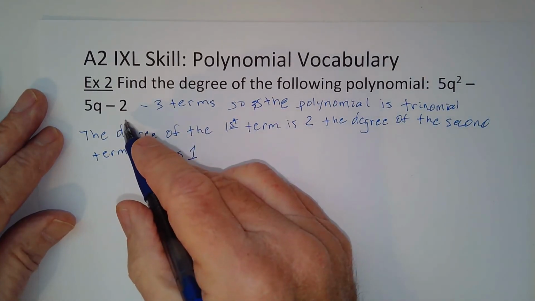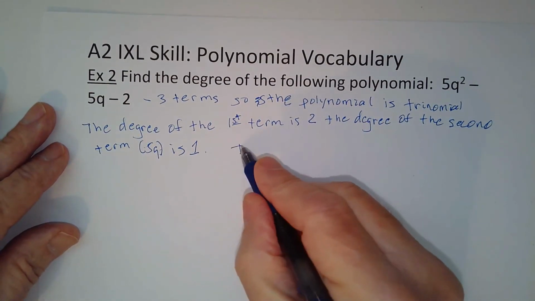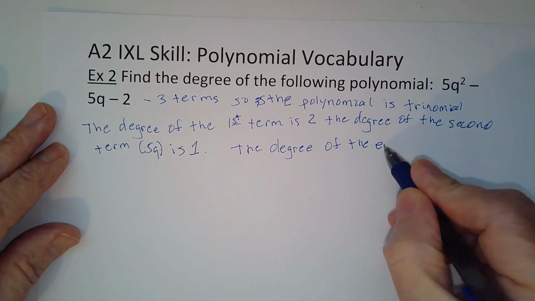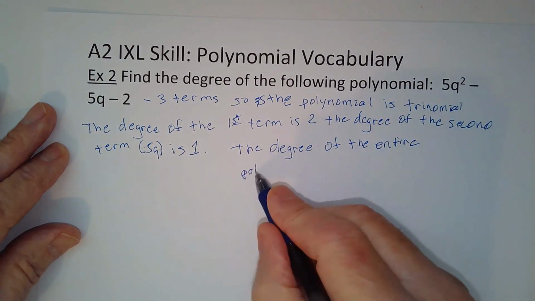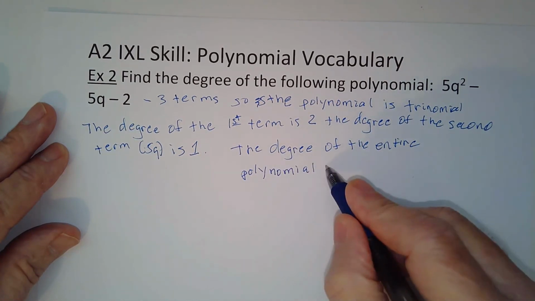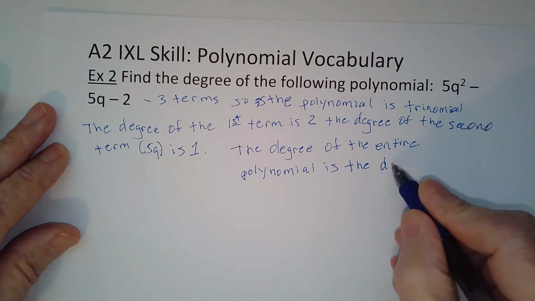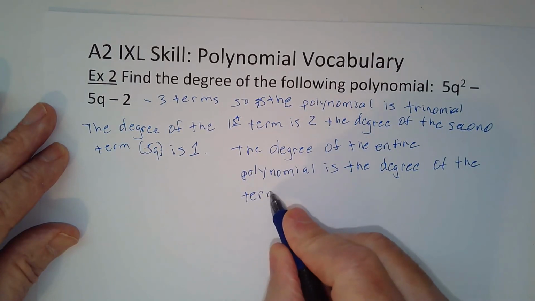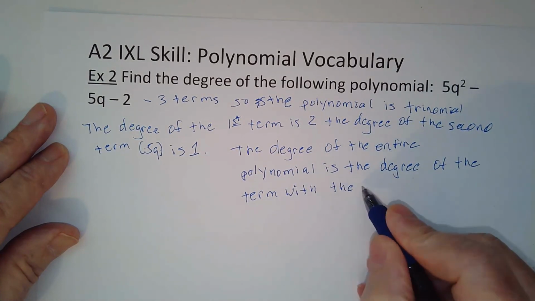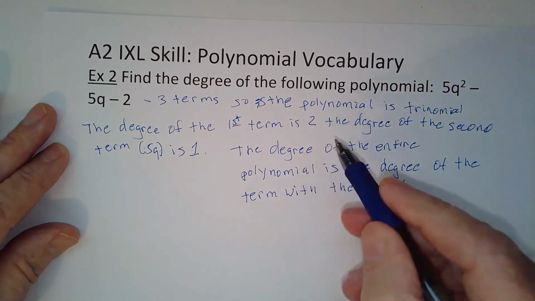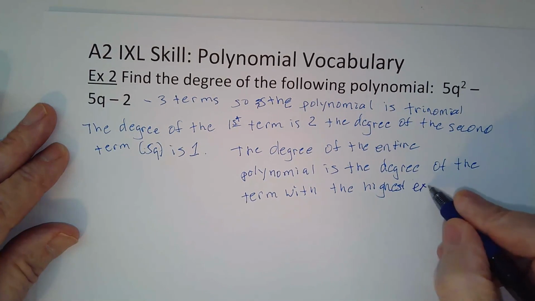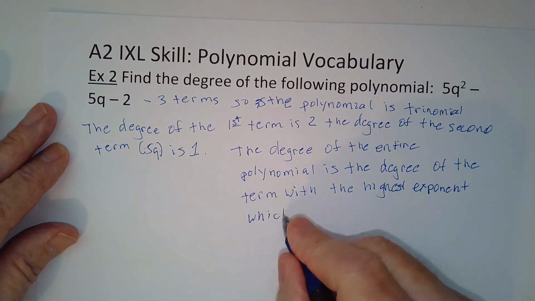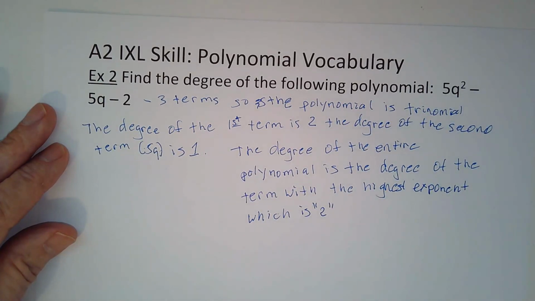And of course, the last term, your constant, doesn't have a degree at all. The degree of the entire polynomial is the degree of the term with the highest exponent, which, as we said, is 2.